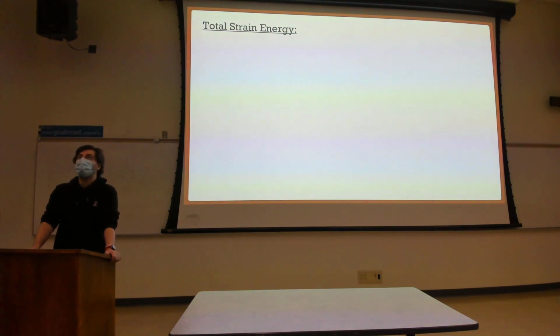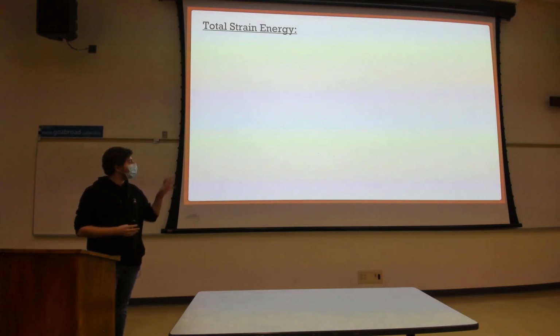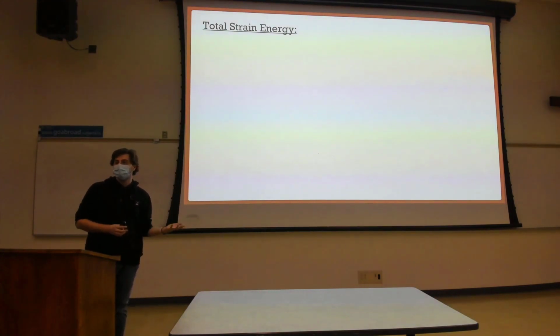The roof above you also has some strain energy. Which one has more? The roof. It's much bigger. Much bigger. So the total strain energy in a body is basically the strain energy which we just derived times its volume. Okay, that's the concept.